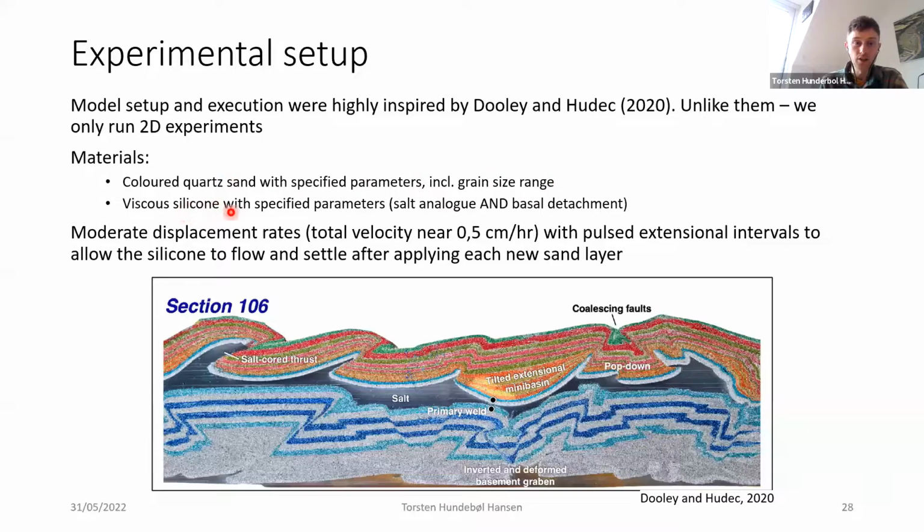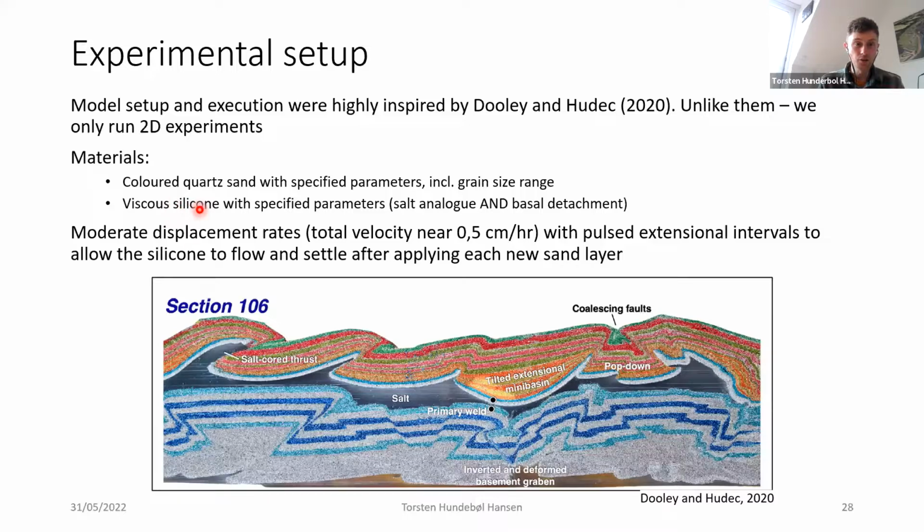Viscous silicone is the salt analog, with specified viscosity and everything. We also use viscous silicone like Dooley and Hudec at the very base below the pre-kinematic layers to sort of have a say in where basement faults develop when we start extending the model.